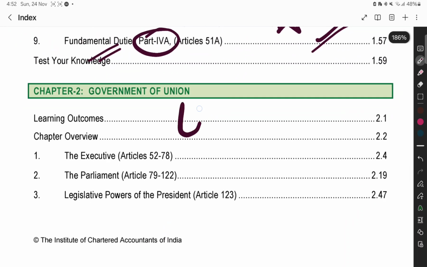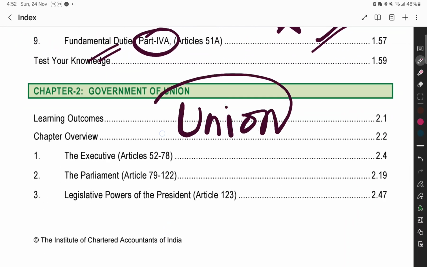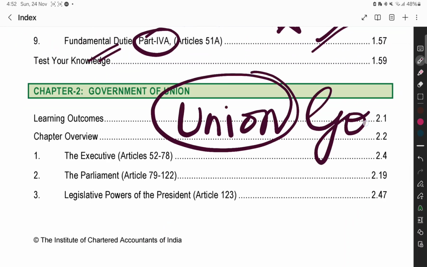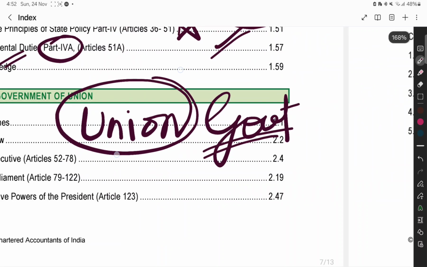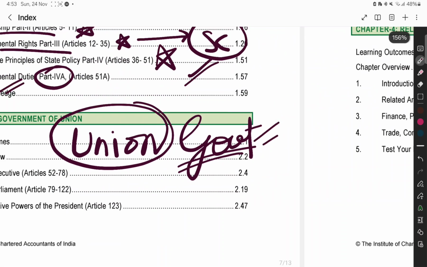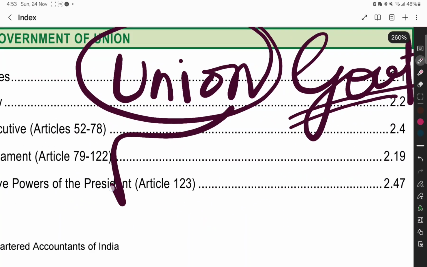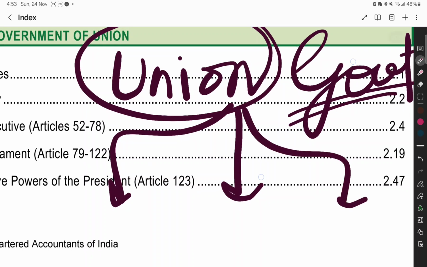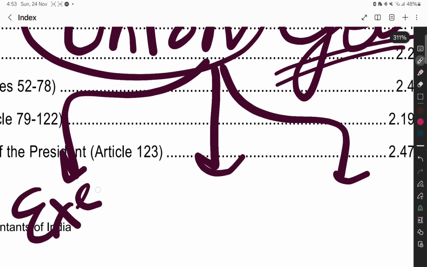Then we go with how our union government or central government has been formed and what its functions are, and we discuss the three main important functions, that is executive functions.